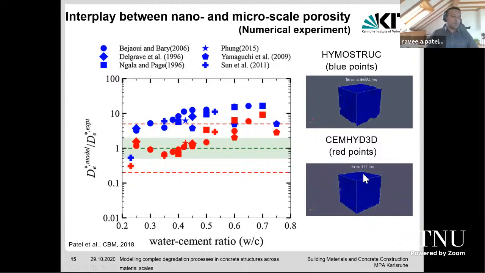And model two, which leads to depercolation at around 20% of capillary porosity, which is porosity above 100 nanometers, shows a sharp drop of diffusivity. So if you want to reproduce experimental results, we need to account for this depercolation, and this was one of the important findings established through these simulations.